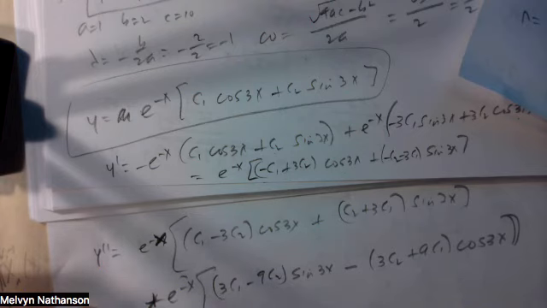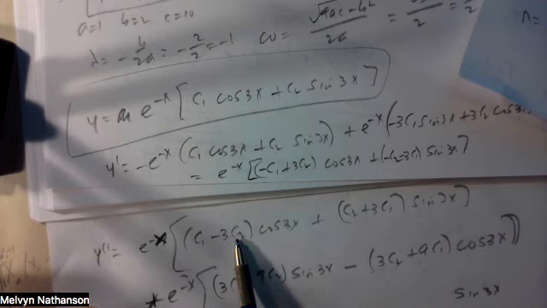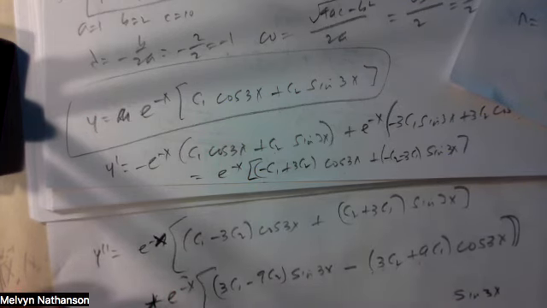For the cosine of 3x, from y'' it's (C1 - 3C2) and (-3C2 - 9C1), which looks like -8C1 - 6C2.